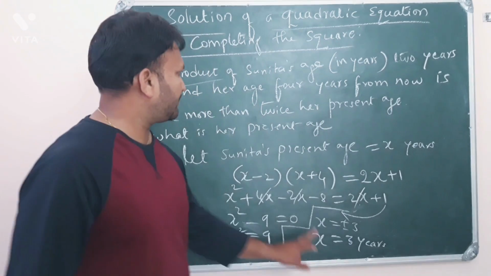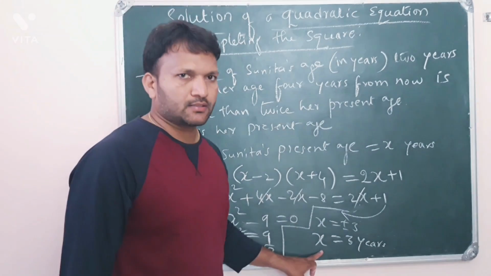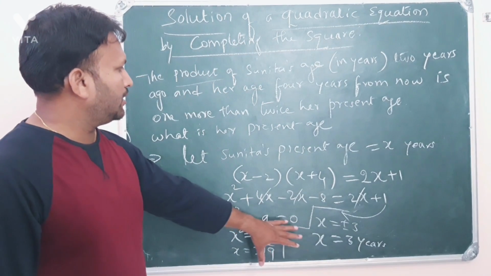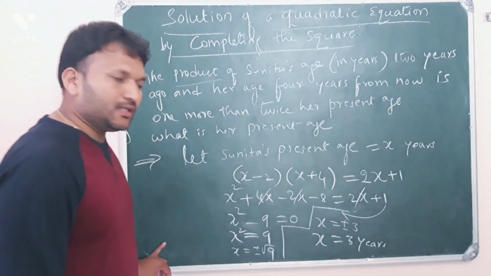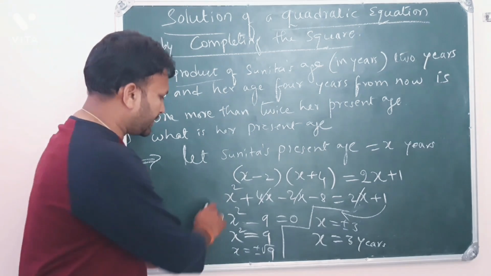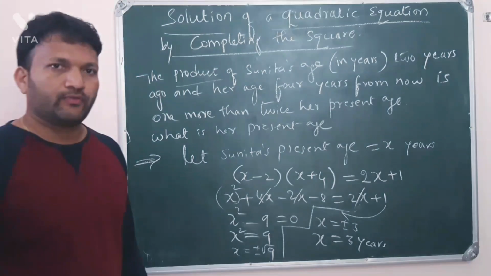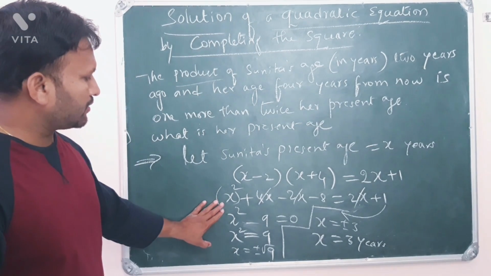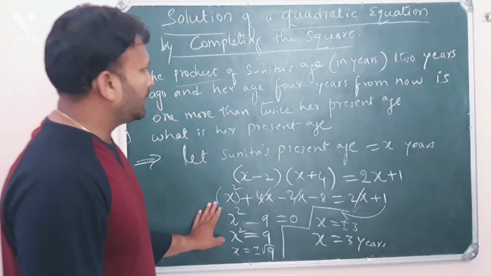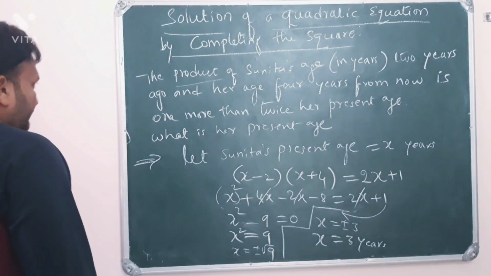So the present age of Sunita is 3 years. So this is how we calculate. Here you can observe that x is coming directly under the square, completely under the square. So this you can make out, and we can take one more example.